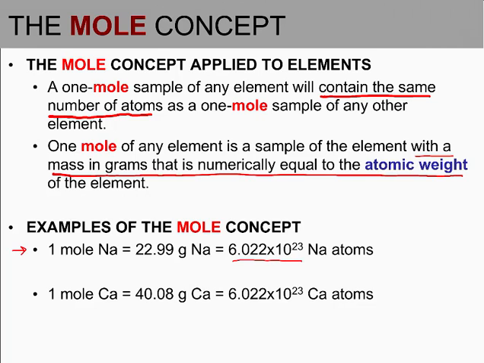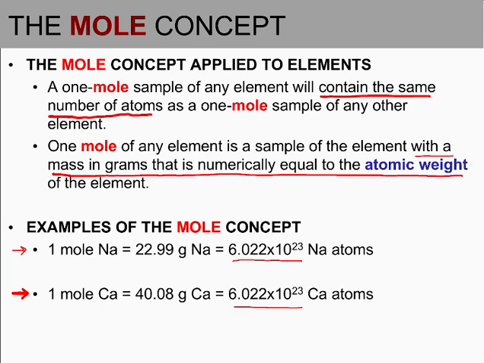And then down below, if we have 1 mole of calcium, that means that we have 6.022 times 10 to the 23rd calcium atoms. So that is showing us what we said earlier, that a 1 mole sample of any element will contain the same number of atoms as a 1 mole sample of any other element.